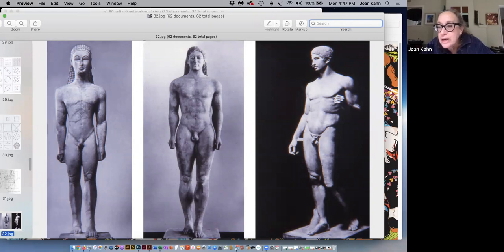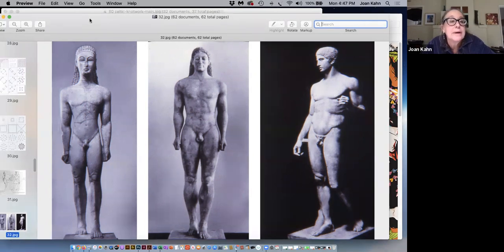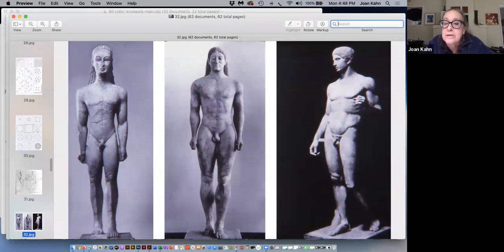We don't have tiny heads. The head on this figure is about 1/9 the size of the body, and it's generally about 1/8, I think. So our perception of what's beautiful in terms of proportion has also changed with different cultures and time.